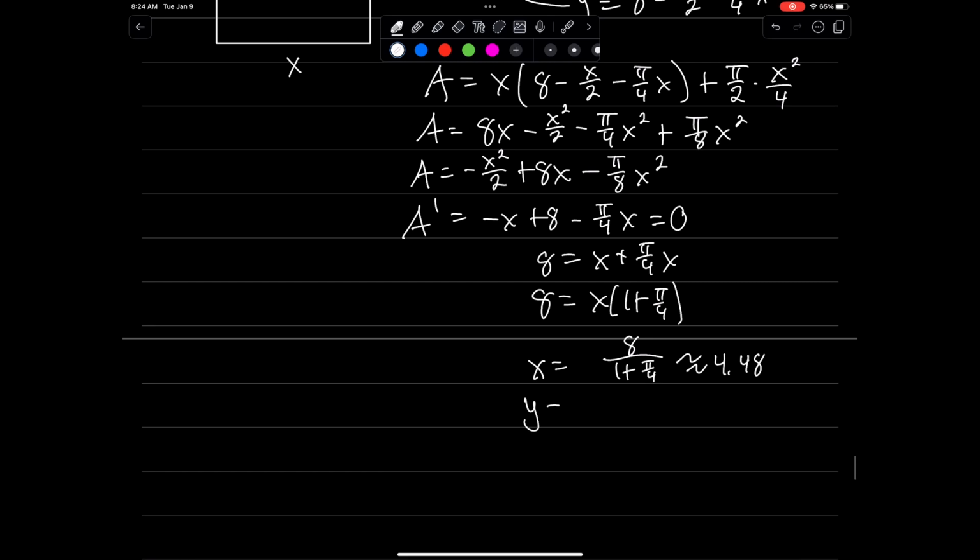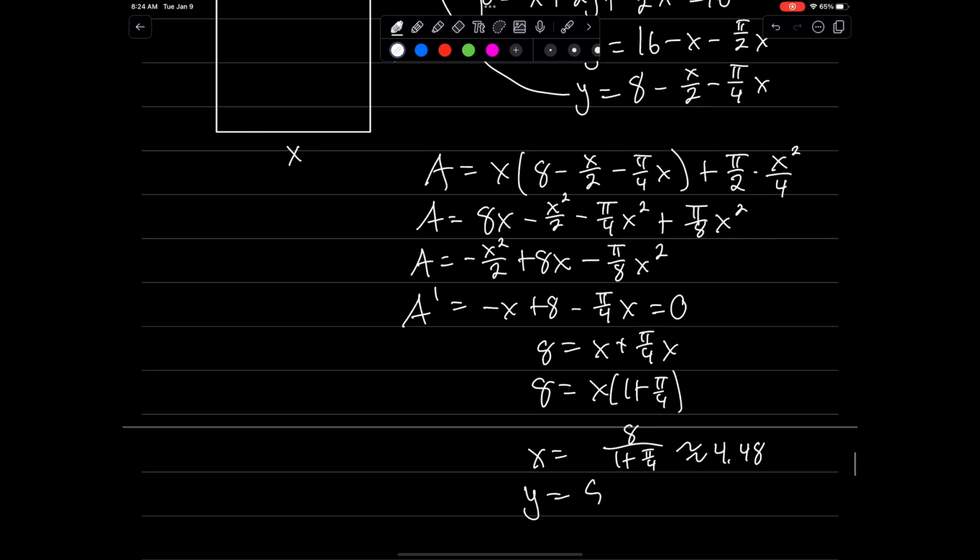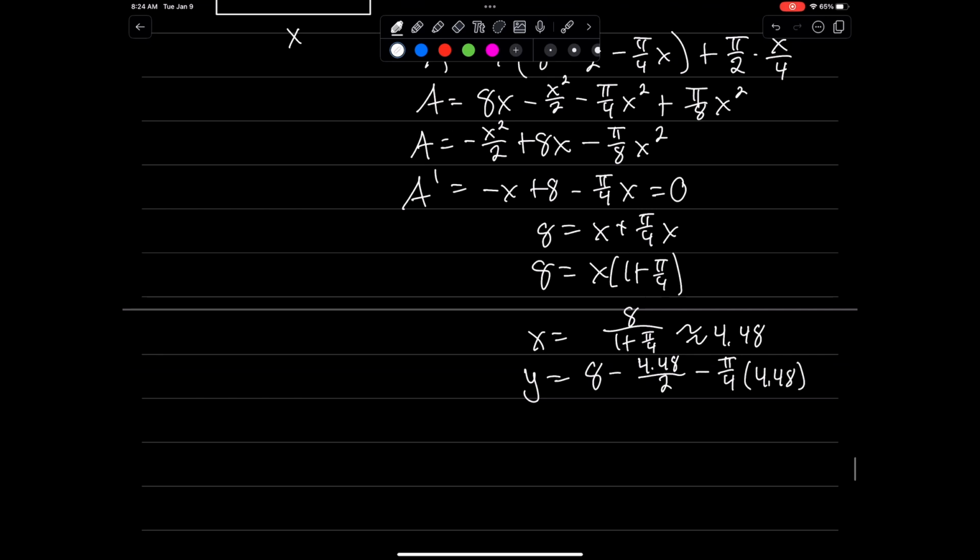So y is 8 minus 4.48. Remember, you should not be typing in 4.48. You should hit the X button that you stored it in on your calculator, and then minus pi over 4, also times x. Again, don't use 4.48. Use the X that you stored in your calculator.